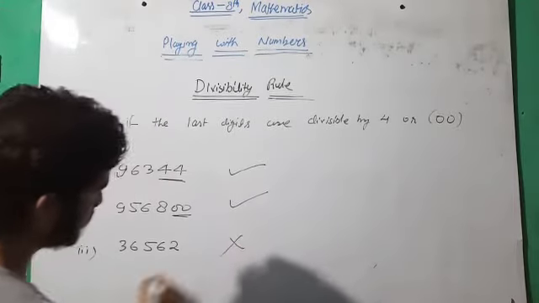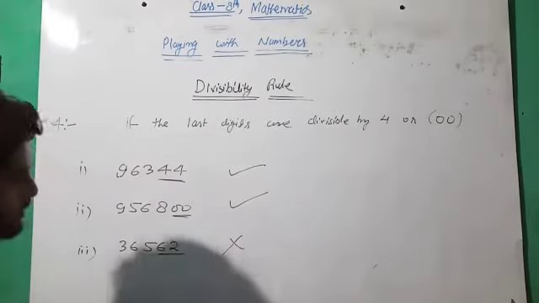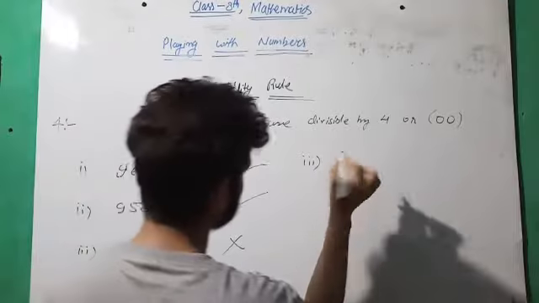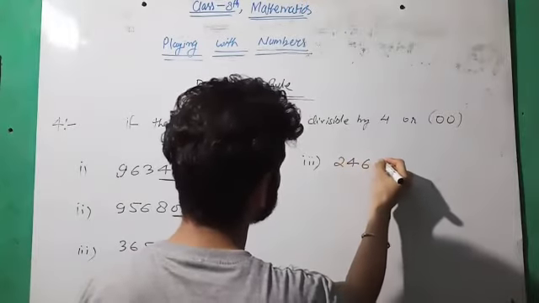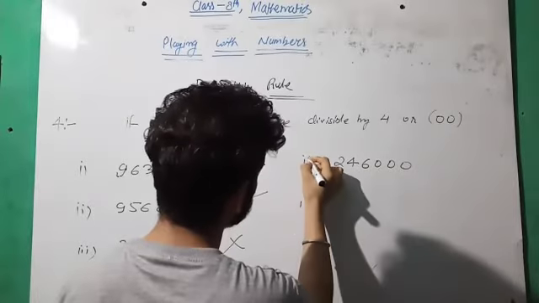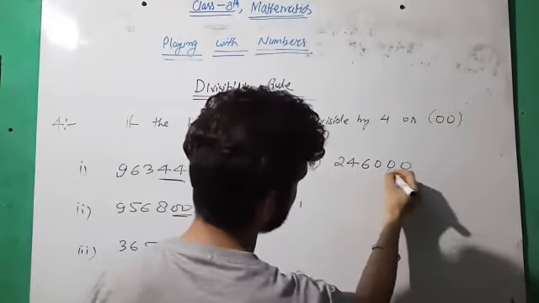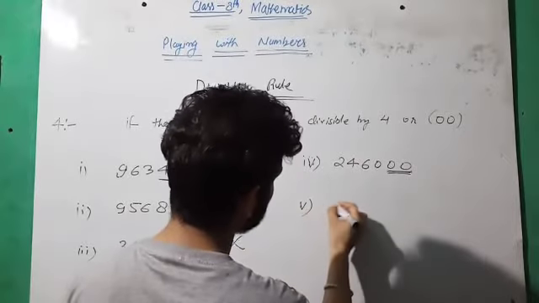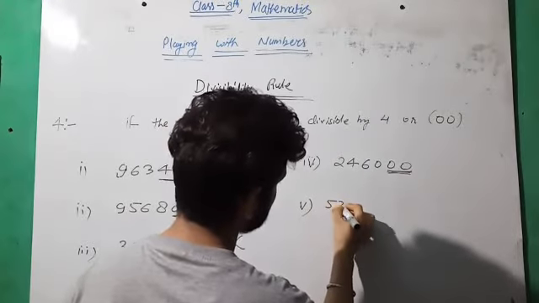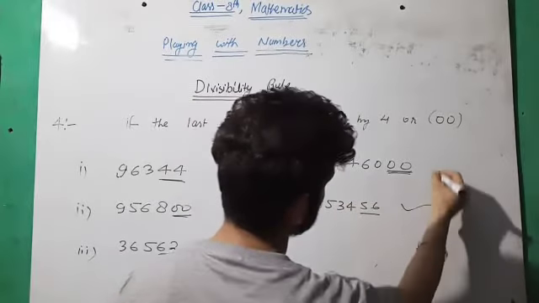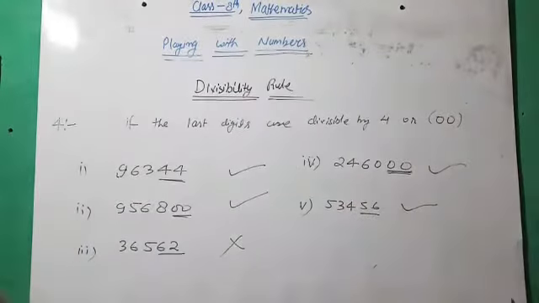This other one is not divisible because 62 is not divisible by 4. Is this divisible by 4 or not? Yes, because the last two digits are 00. We have to take just the last two digits. Now, 56, 4 fourteens are 56.